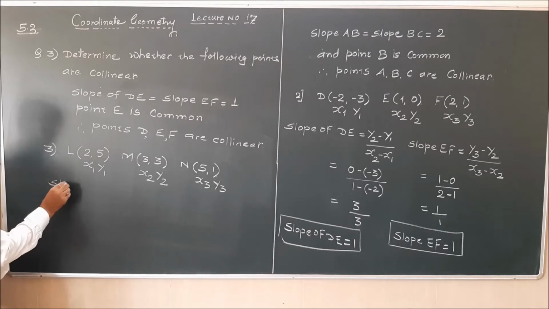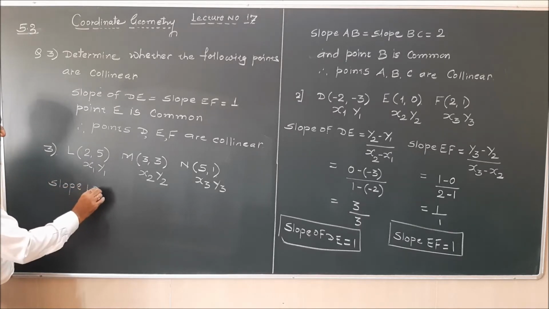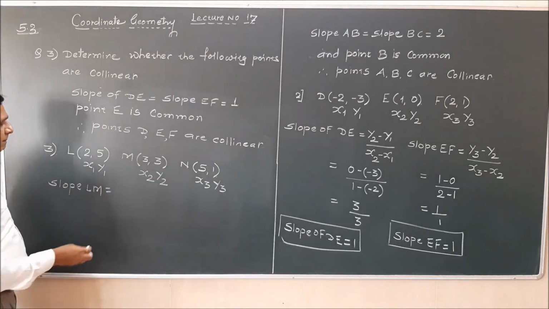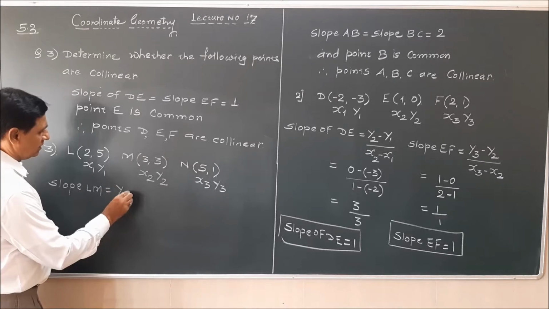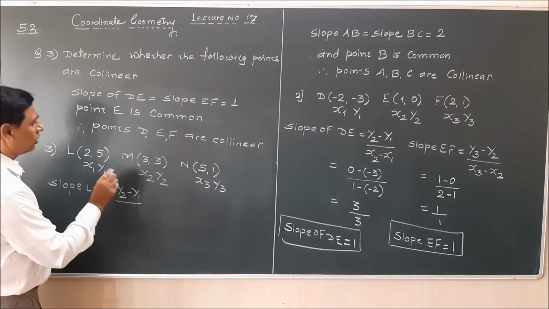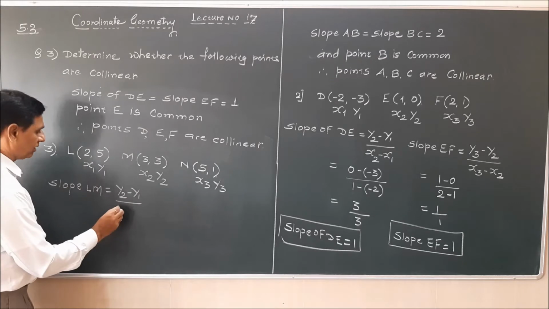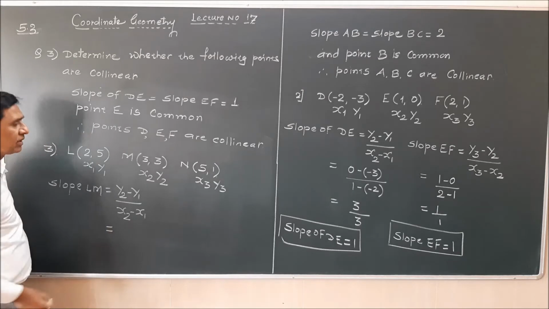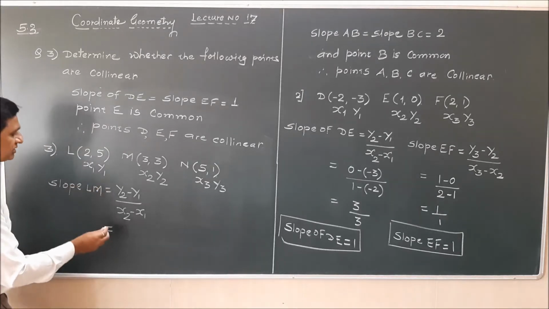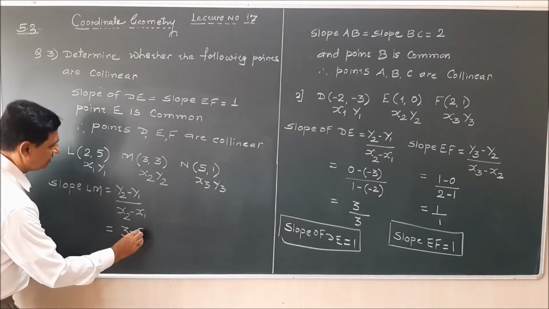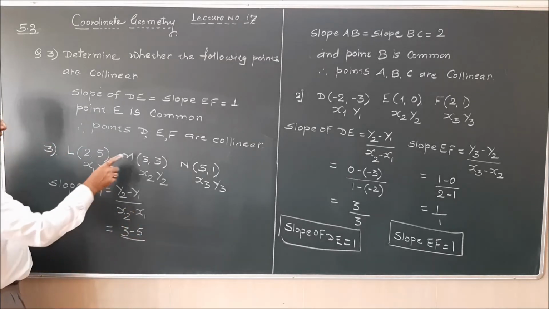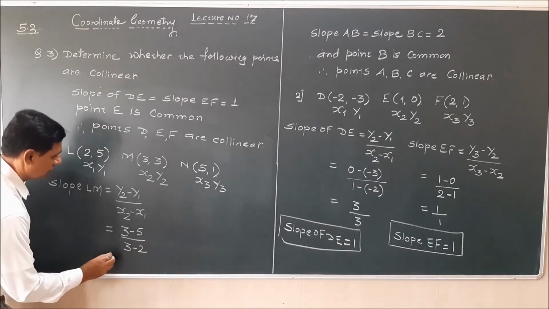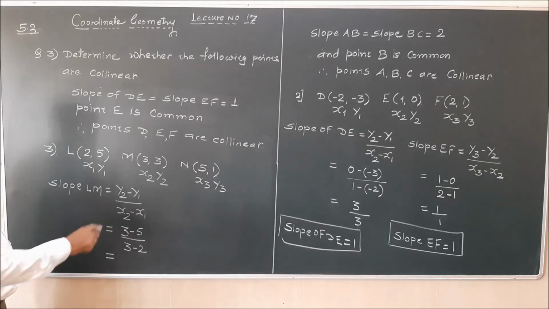Slope of LM is equal to y2 minus y1 upon x2 minus x1, that is 3 minus 5 upon 3 minus 2.